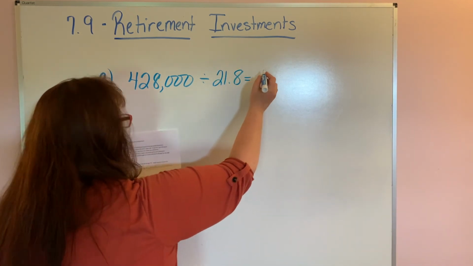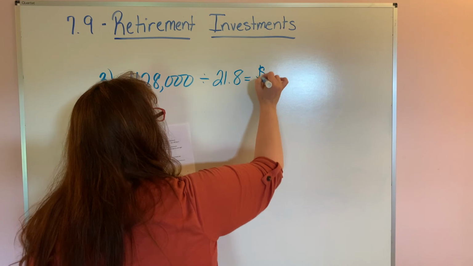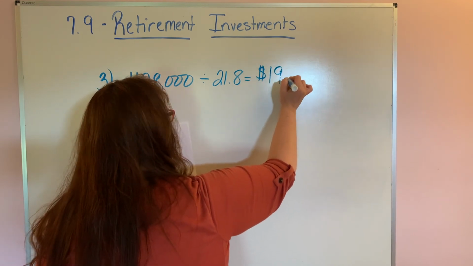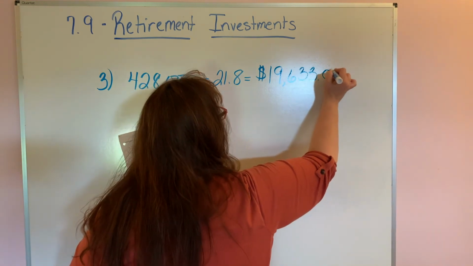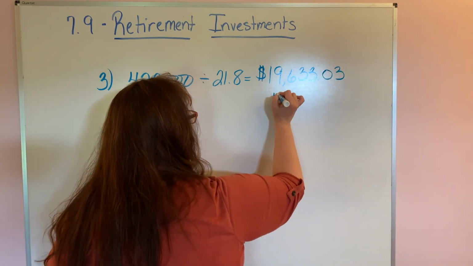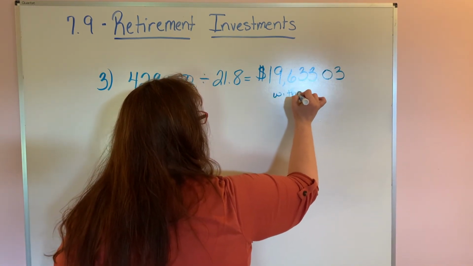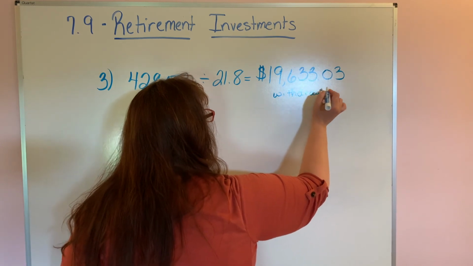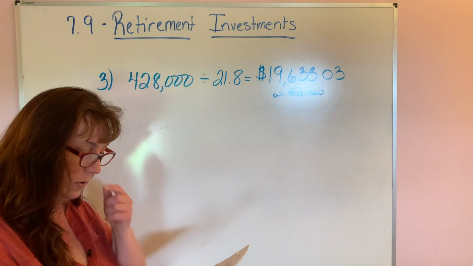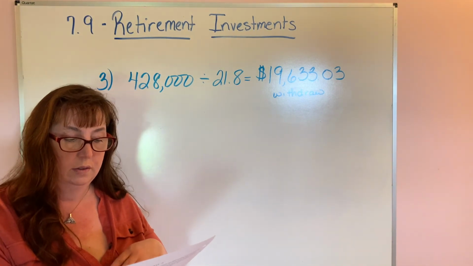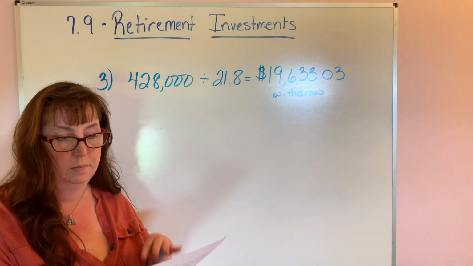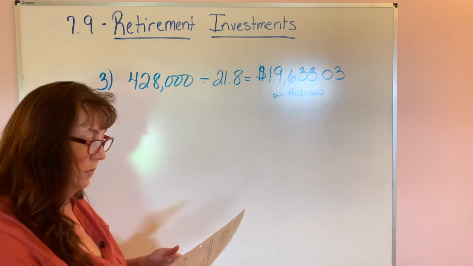When you divide that, she must take out $19,633.03. She will have to pay the taxes on that also, but she must withdraw that because her retirement fund investment says you must take out that much money.